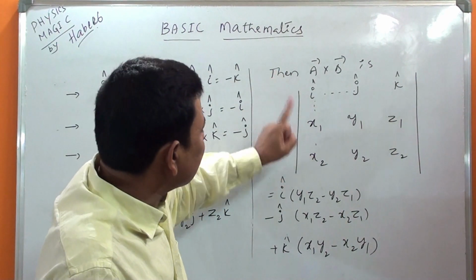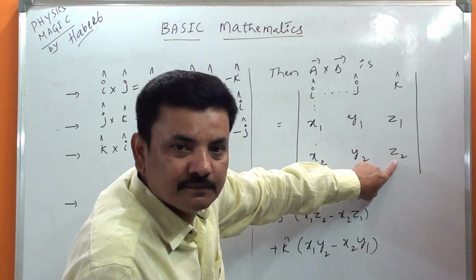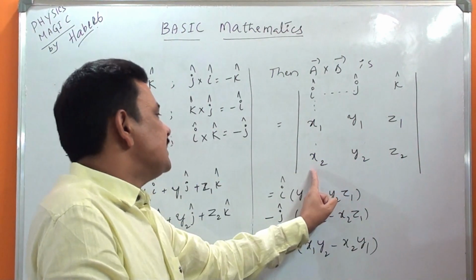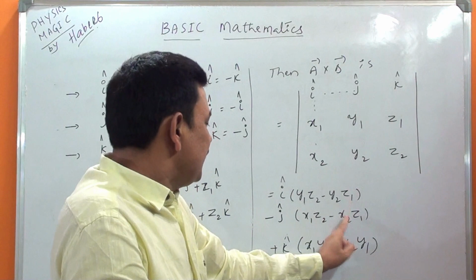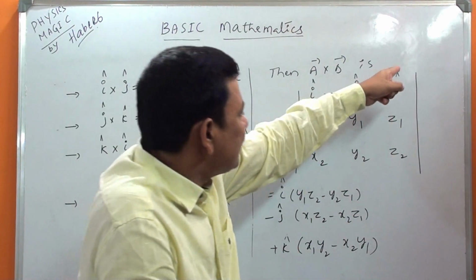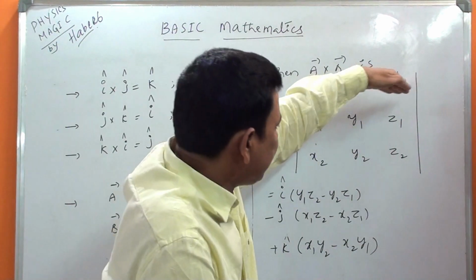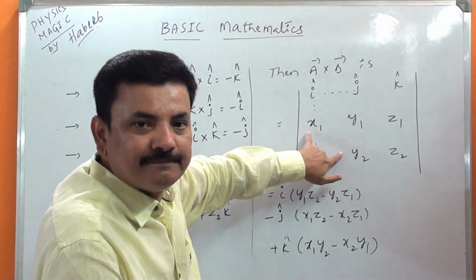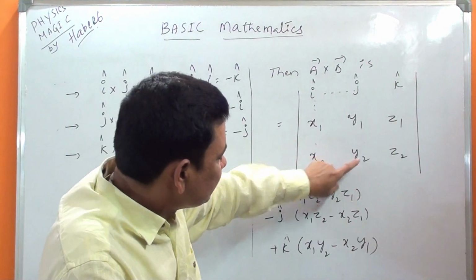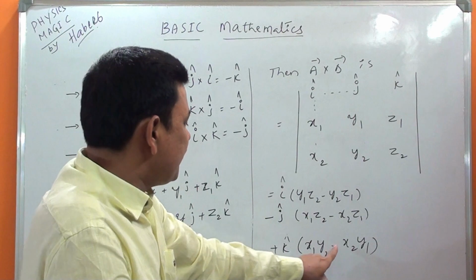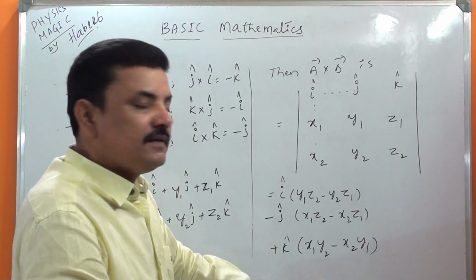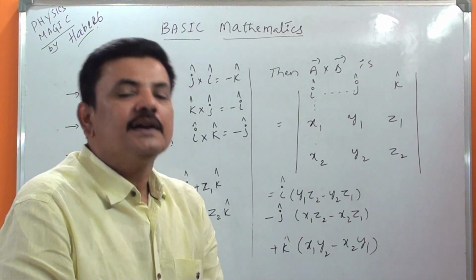Once again the same order: x1 z2 minus x2 z1. Then the last and final, k. Once again k's column and k's row you leave, then 4 terms: x1 y2, same as what I wrote here, minus x2 y1. This is how to find out the cross product.